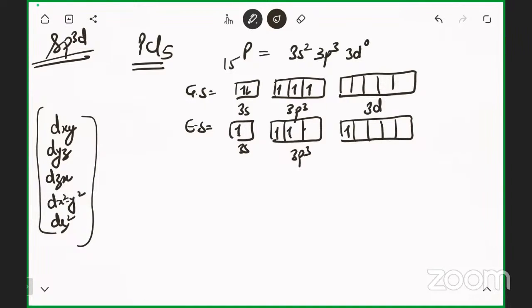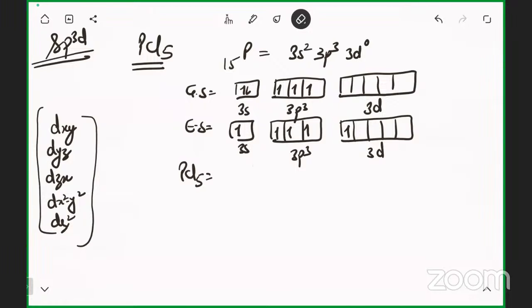So for PCl5, now how many unpaired electrons are present? 1 in 3s, 3 in 3p3, and 3d has 1 electron. So we have 5 unpaired electrons.